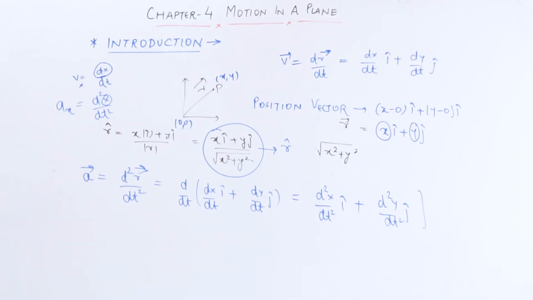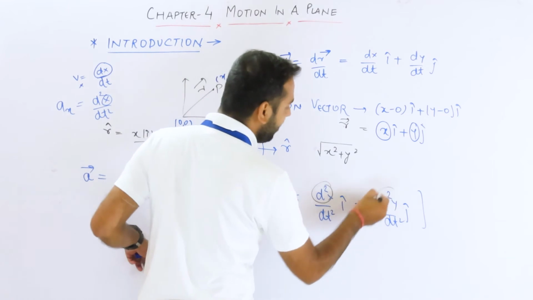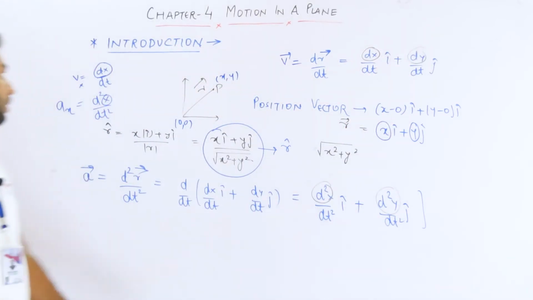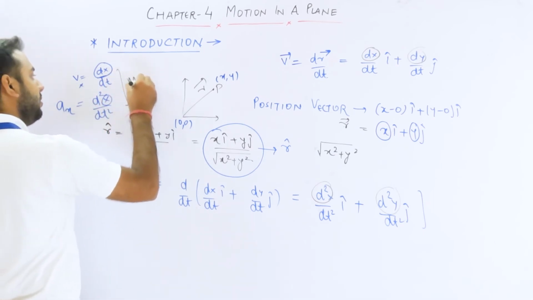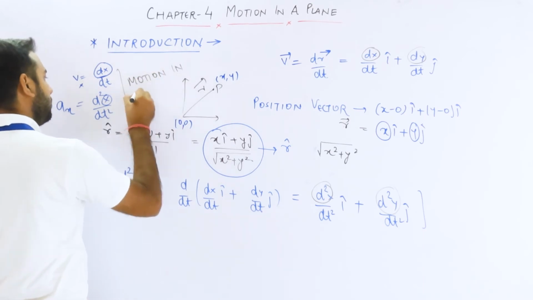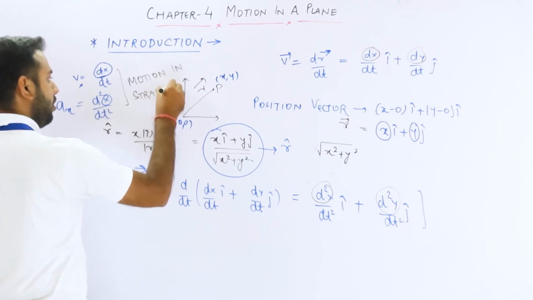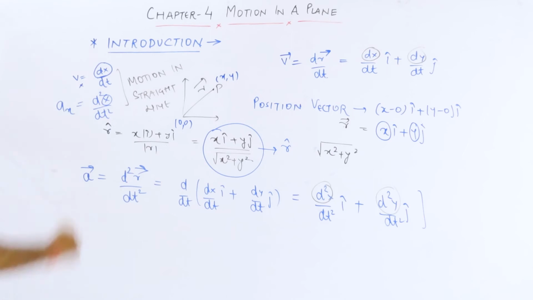See, every time we have changes in two coordinates, x and y. Here also we have changes in two coordinates, x and y. On the other hand, this is our motion in a straight line, in which we have change only in the x direction or y direction.